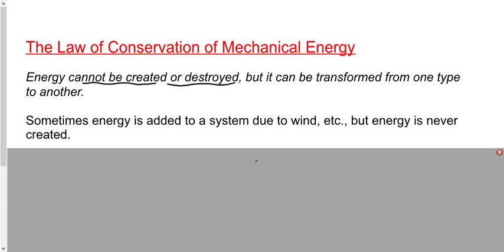Now, sometimes we end up with a little bit more energy at the end than we started with. We didn't in the example that I just showed you, but sometimes that can happen. But if it does happen, if we do end up with more energy than we started with, it's not because we created energy. It's because it was added from something else. It's because we didn't account for something.